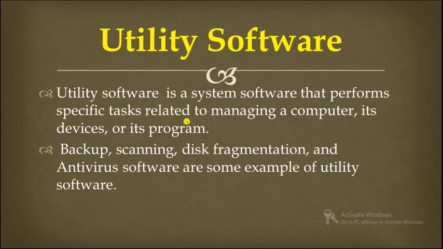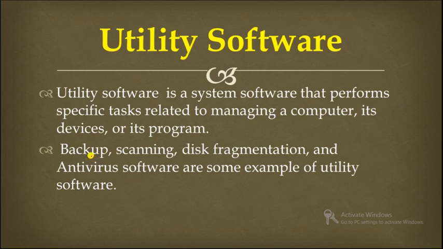Some utilities help you to avoid virus attacks, take backup of data, and recover data that has been accidentally erased. Erased data we can recover with the help of utility software. Backup, scanning disk, fragmentation and antivirus software are some examples of utility software.